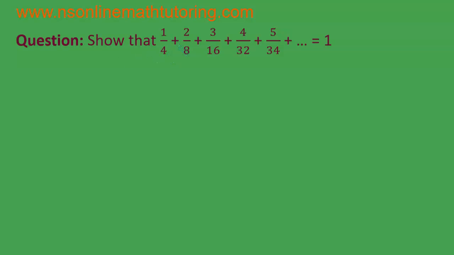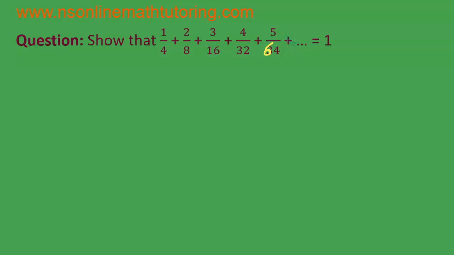Show that 1 over 4 plus 2 over 8, which is also equal to 1 over 4. Okay, since they have given it in the form of 2 over 8, let us keep it as 2 over 8 plus 3 over 16 plus 4 over 32 plus, very sorry, this should be equal to 5 over 64 and not 34.